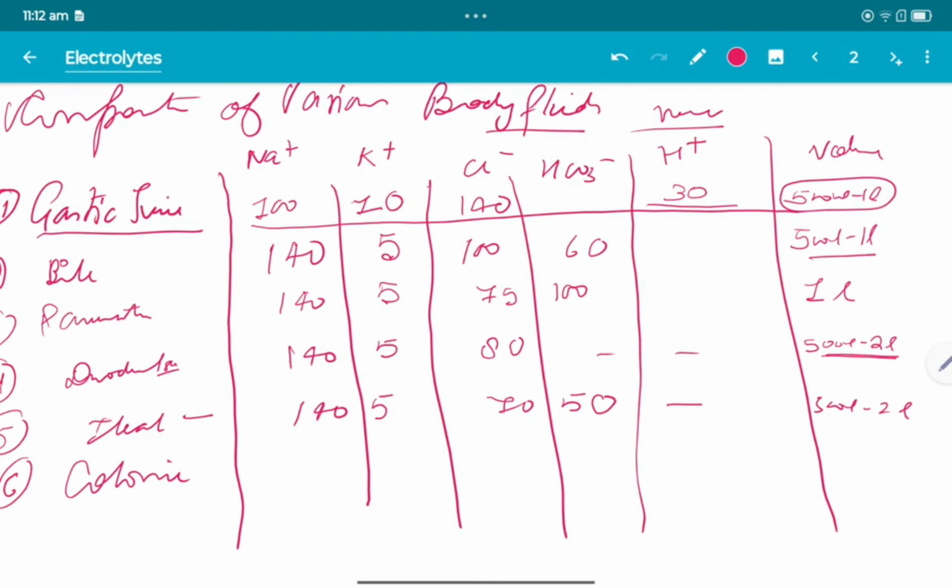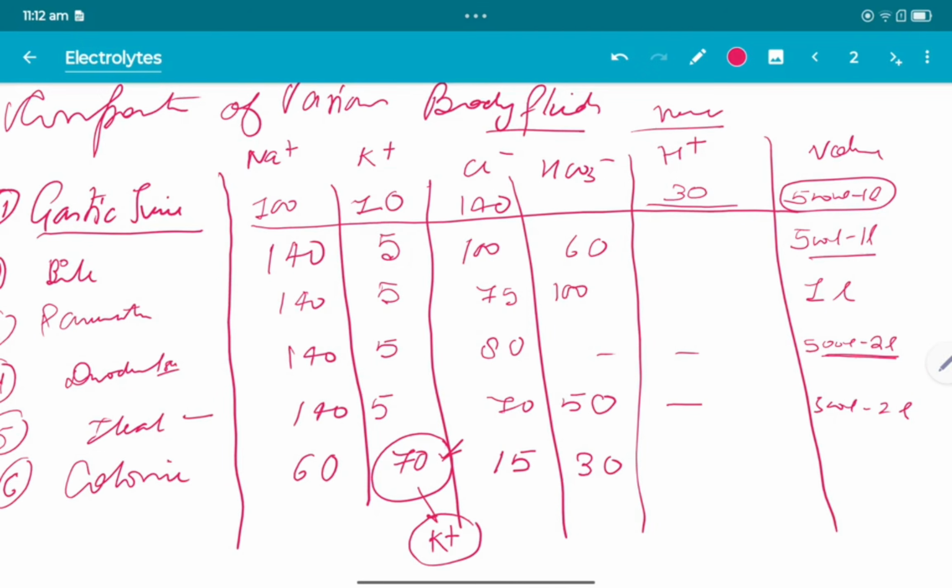And the colonic secretion, though they are less in amount, still 60 milliequivalent of sodium, 70 milliequivalent of potassium, 15 milliequivalent of chloride, and approximately 30 milliequivalent of bicarbonate. So you have all seen that colonic secretions are very rich in potassium.